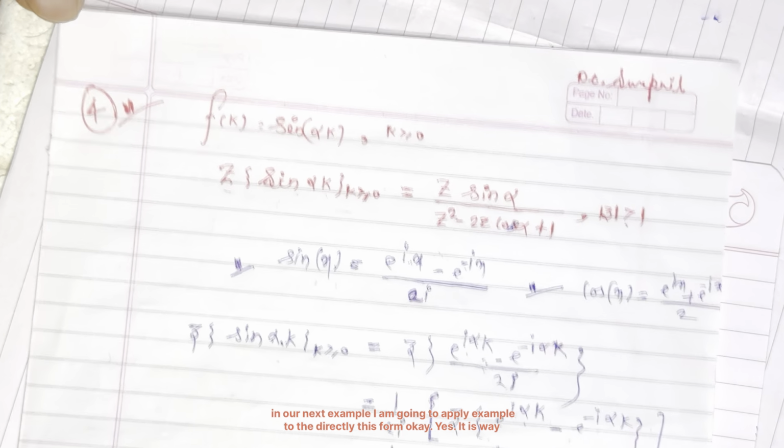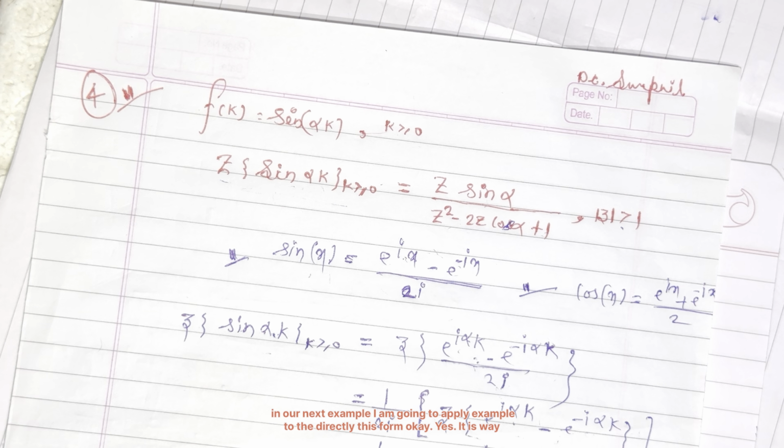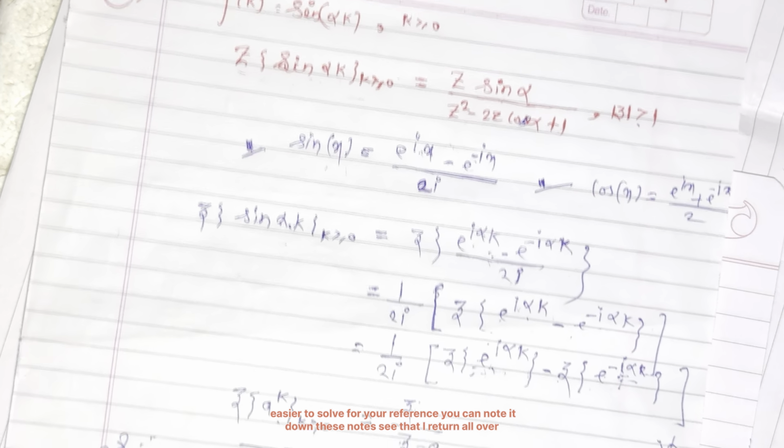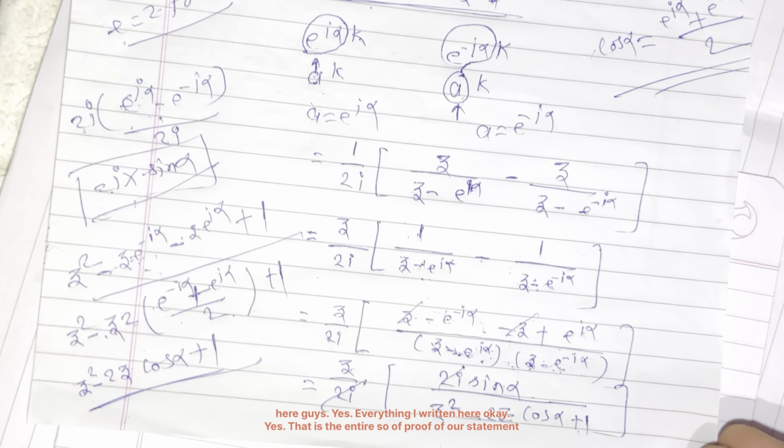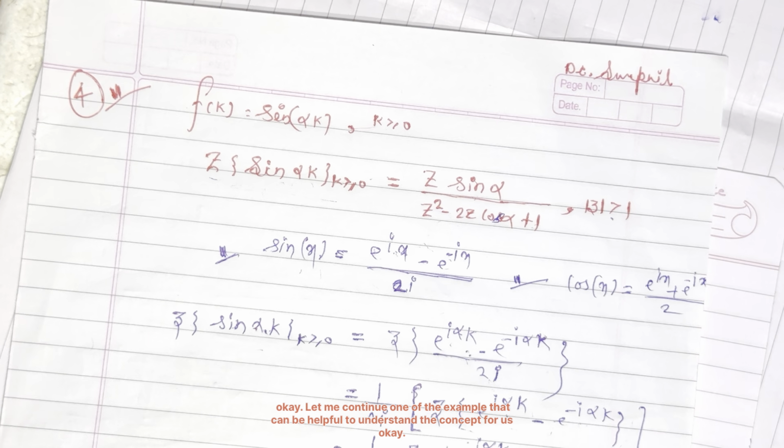In our next example, I'm going to apply this form directly. It is way easier to solve. For your reference, you can note down these notes. See that I have written everything over here, guys. That is the entire proof of our statement. Let me continue with one of the examples that can be helpful to understand the concept for us.